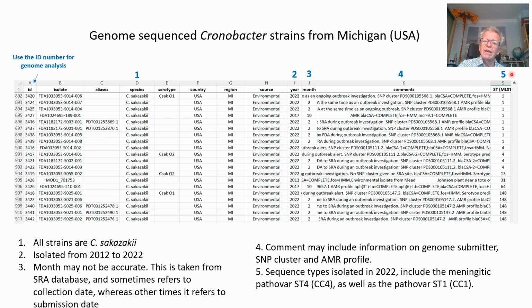And then here's the humdinger, sequence type. You can see sequence types isolated in 2022 include the meningitic pathovar ST4 as well as the other pathovar, ST1. So the Michigan isolates have that.